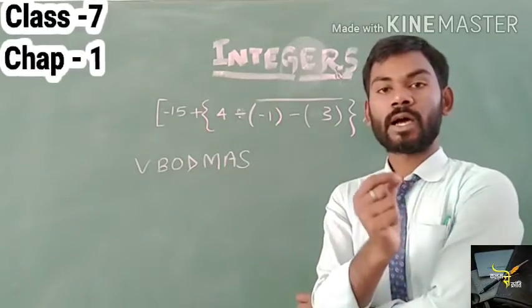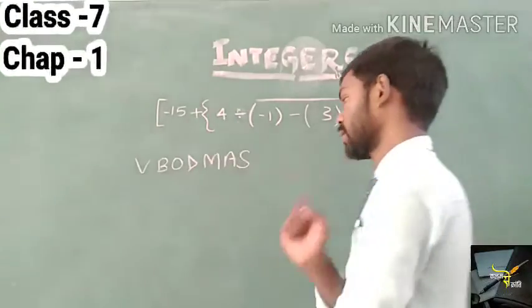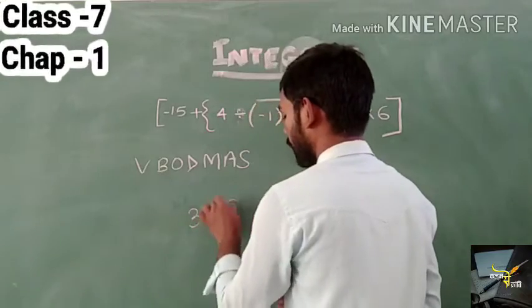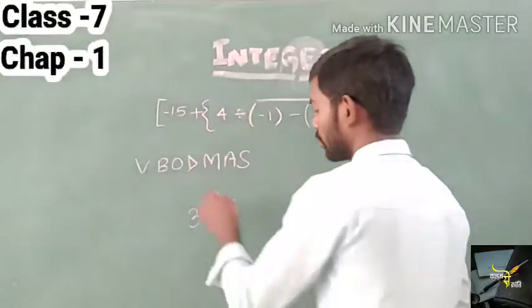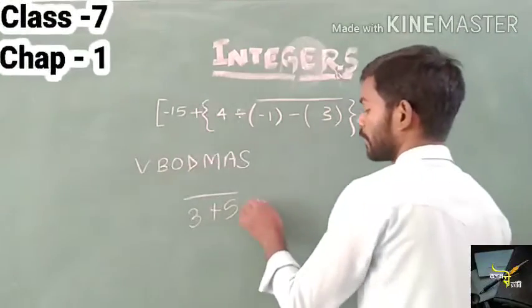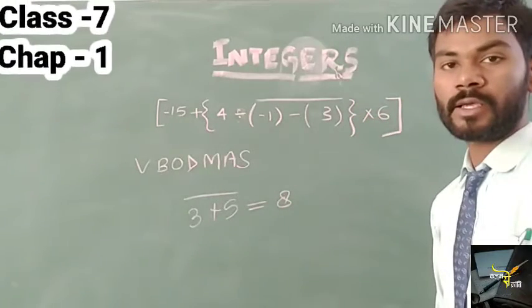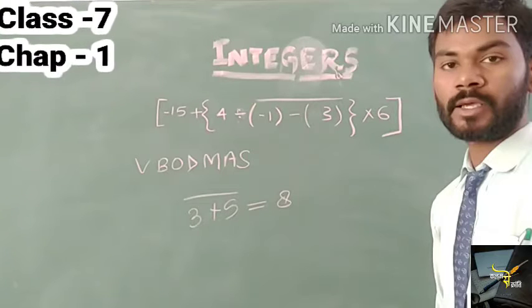Let us see how the bar works. Suppose that 3 plus 5 is given with a bar. That means we have to add them, and here we get the result as 8. The plus and minus sign does not matter; you have to add or subtract as usual, as you have solved ordinary addition or subtraction.